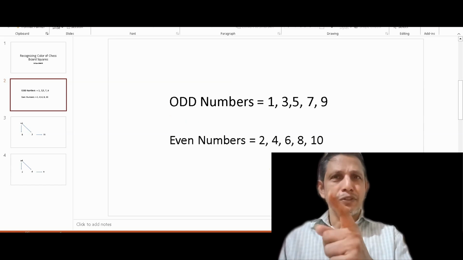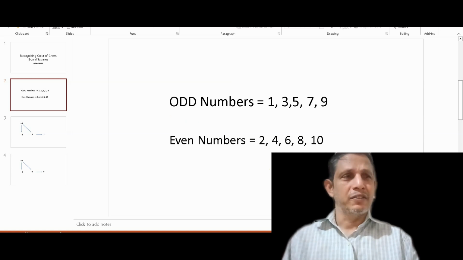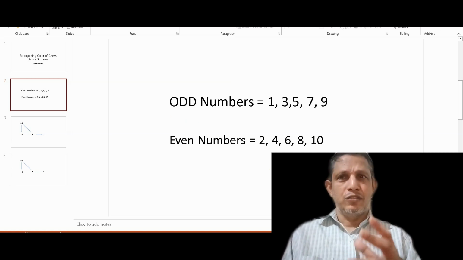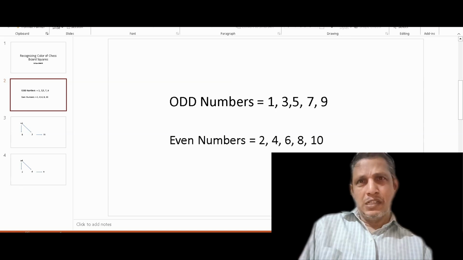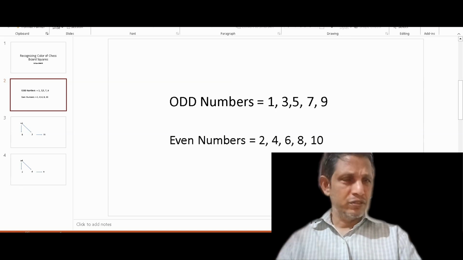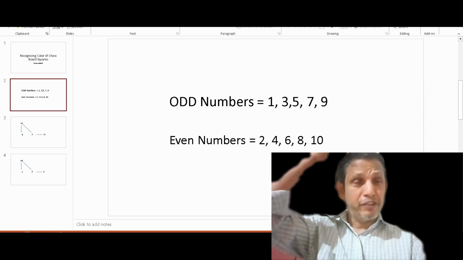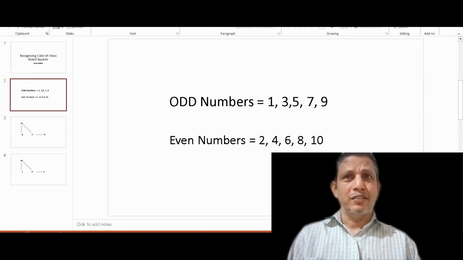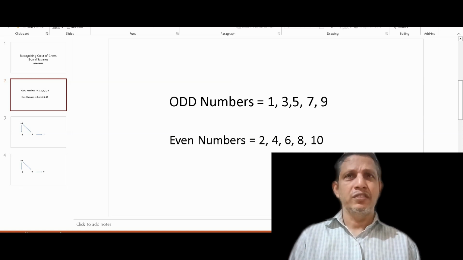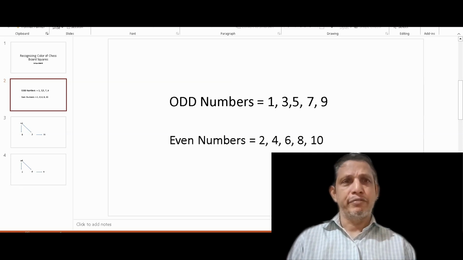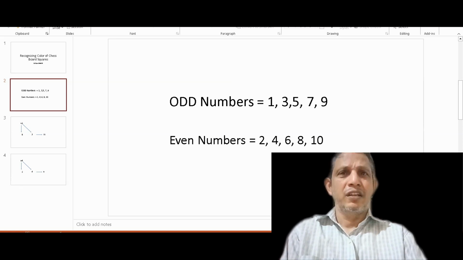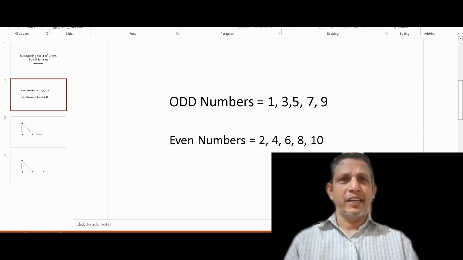Because we are going to use this to recognize the color of the chess square. For example, the odd numbers are 1, 3, 5, 7, 9, and so on. If you remember, these are the numbers that cannot be perfectly divided by 2, and even numbers are even because they can be perfectly divided by 2.